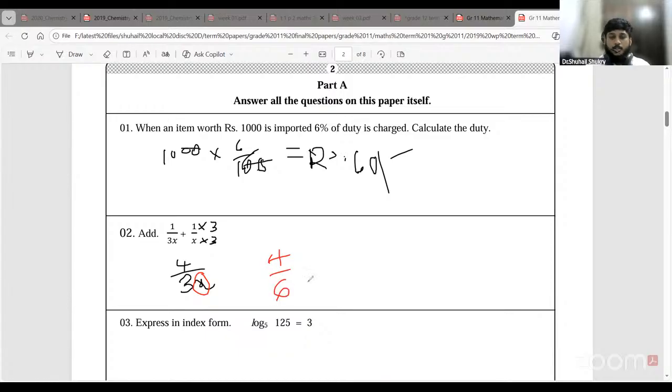This is a proper fraction. In case x is 1, you get 4 over 3, which is improper. So without knowing the x value, you can't tell whether it's proper or improper.